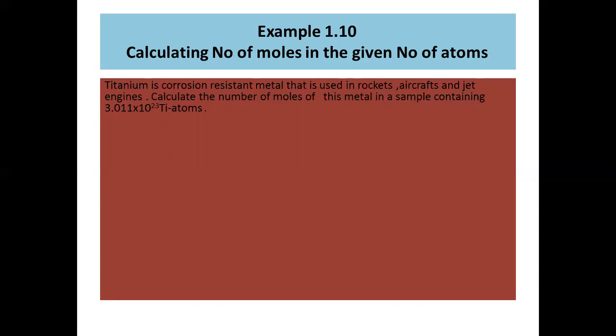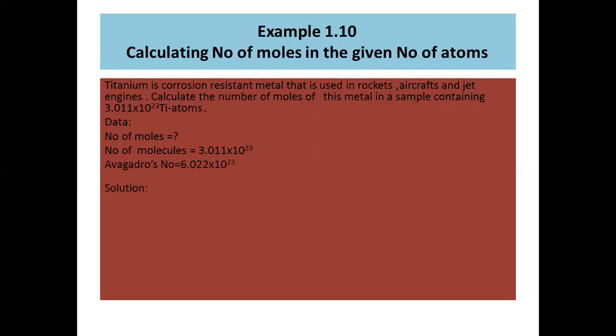Calculate the number of moles of this metal in a sample containing 3.011 into 10 raised to power 23 titanium atoms. Number of atoms is given and we have to find out the number of moles. Number of atoms given is 3.011 into 10 raised to power 23. Avogadro's number, you have to learn.